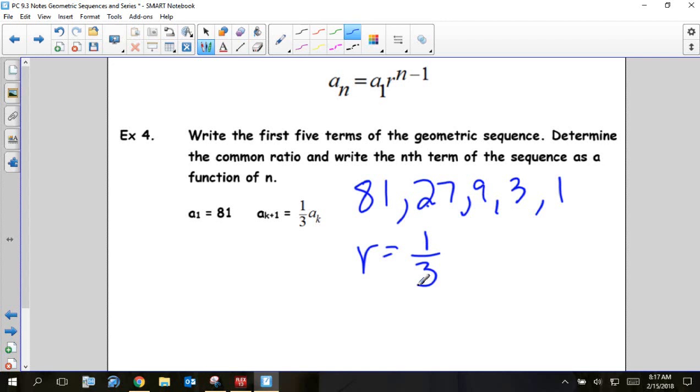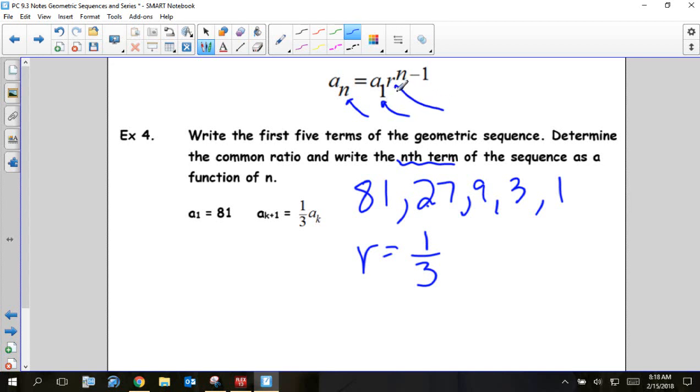And we're going to write the nth term. What does that mean? The term number? The next term? The value? So remember, n represents the term number. And if I say find the nth term, what am I plugging in for a1? 81.